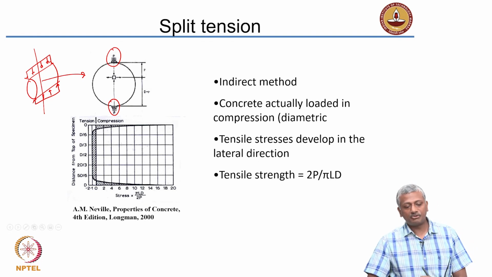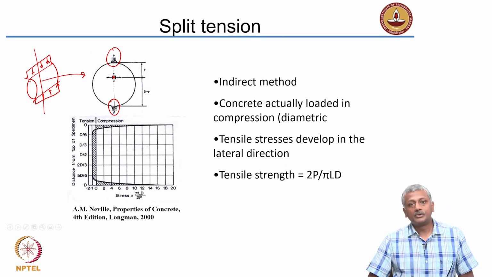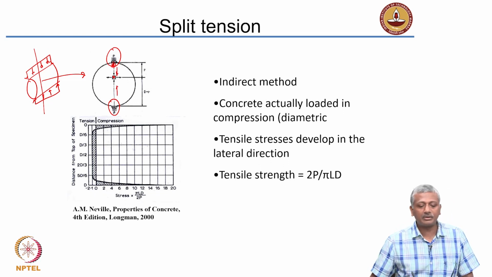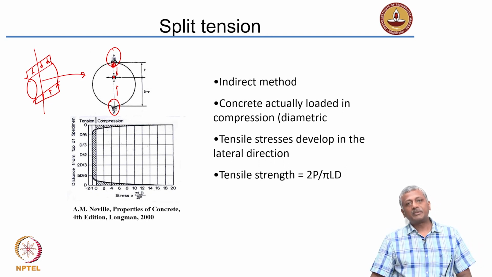If you take the element in the center of this concrete along the diameter, you will see that as you get away from the edges, as you get closer to the central part of the concrete, the lateral tensile effects are much greater than the compressive effects. Okay.